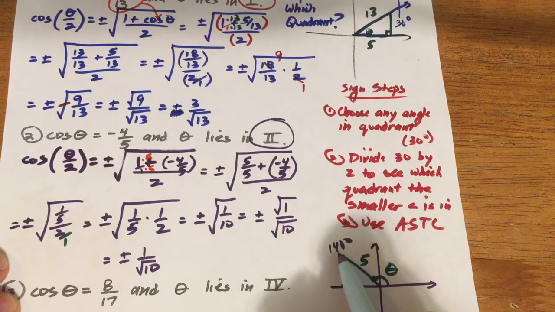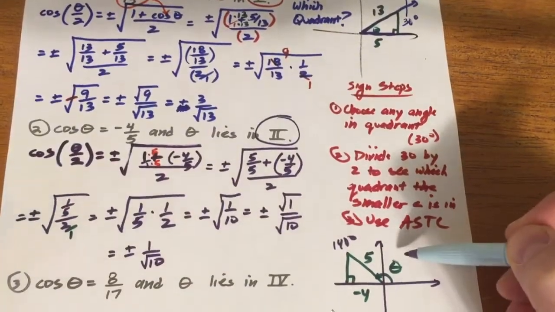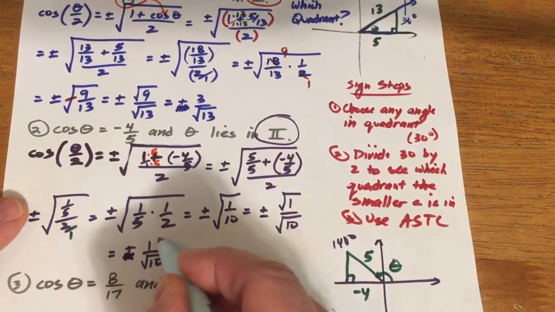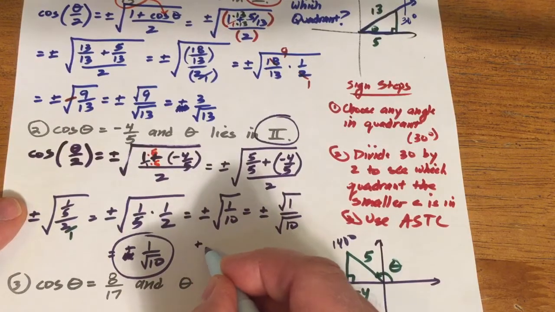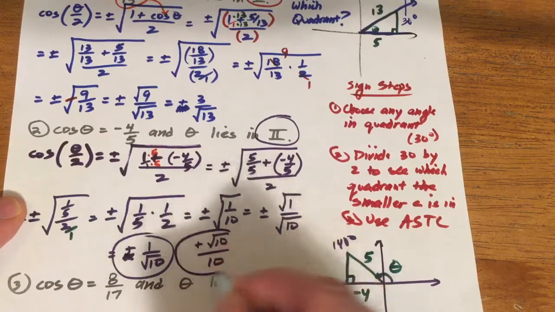And if I divide that by 2, I'm going to get 70. Now, 70 puts me back into quadrant number 1. Everything's positive in quadrant number 1. So we can get rid of the negative, and there's our answer. If you rationalize and write it as positive square root of 10 over 10, that's also fine.